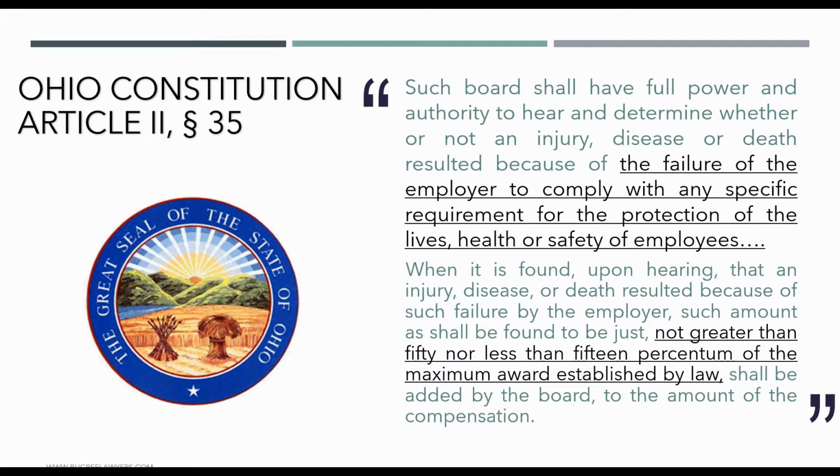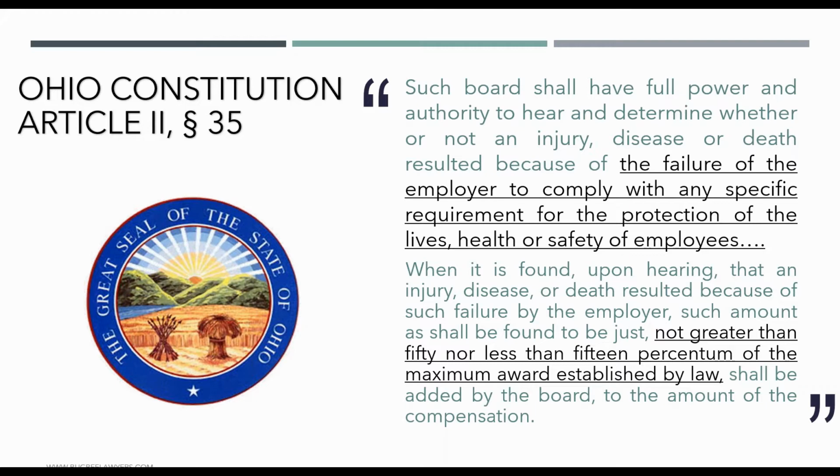And up on the screen, I put Article 2, Section 35, the relevant portion of that constitutional provision, which creates the claim of a violation of a specific safety requirement here in Ohio. Although there is a statutory provision, it doesn't deal with this specifically.